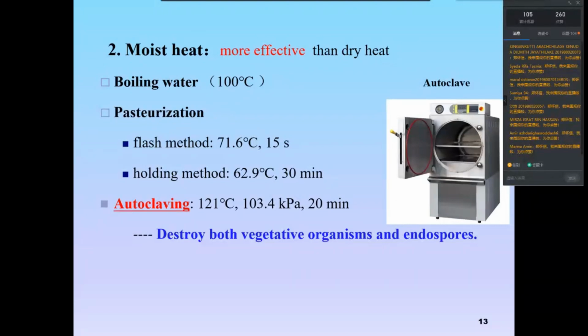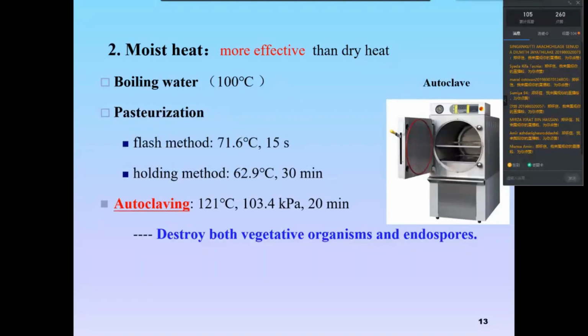Okay, a second method we call pasteurization, and we introduced this method before. From the name you can recall that this method was created by Louis Pasteur, right?